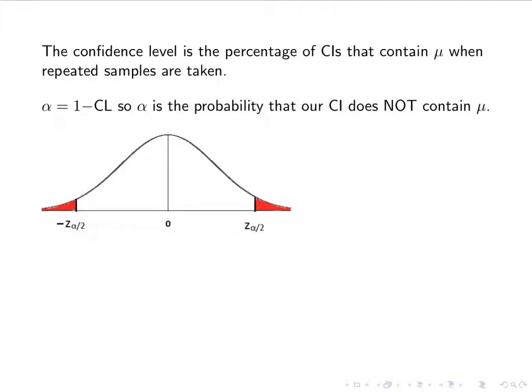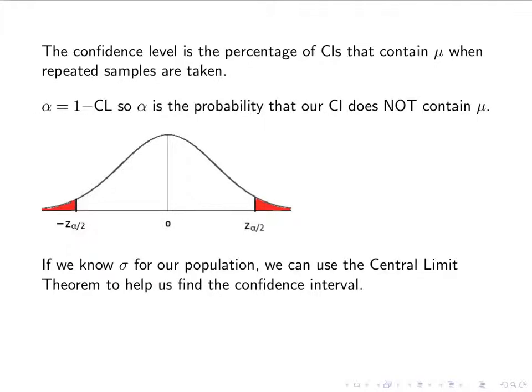And we know that we can use the central limit theorem if we have certain stipulations that are guaranteed for us. So if we know sigma and our n is large enough, or our underlying population is already normally distributed, we can use the central limit theorem to help us find the confidence interval.